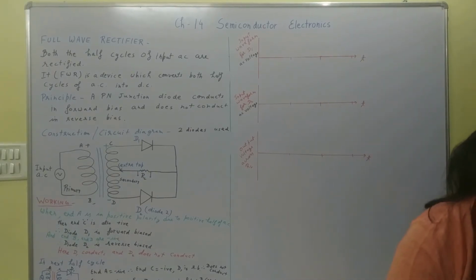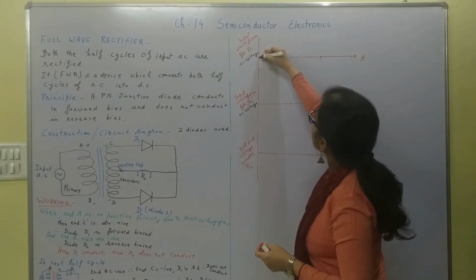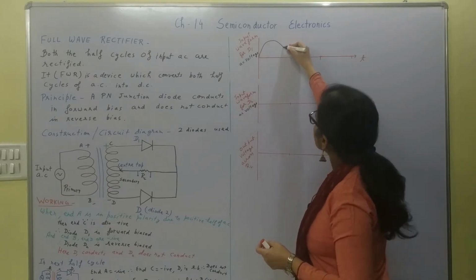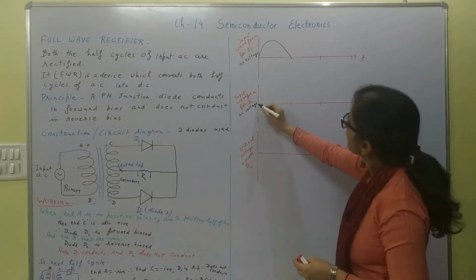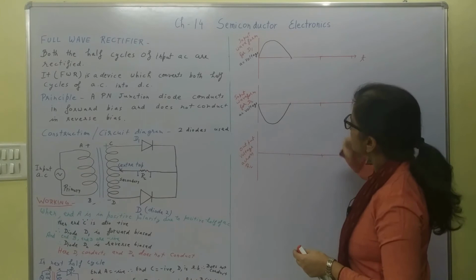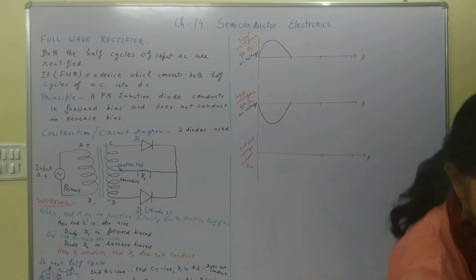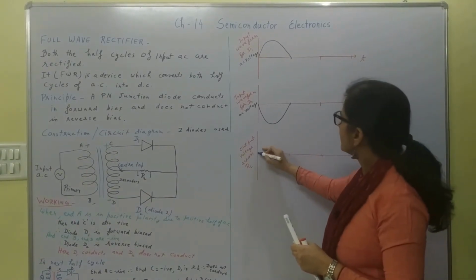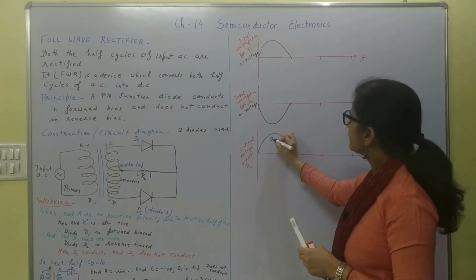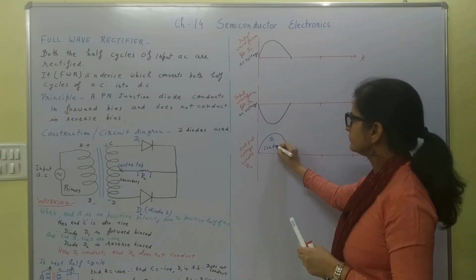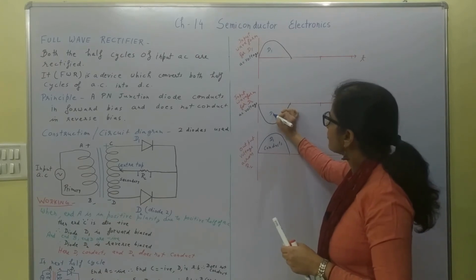We know that the input waveform is alternating current. So for D1, if D1 has positive polarity, D2 will have negative polarity. So in the output waveform, D1 will conduct as it is forward biased. This is the D1 waveform, this is the D2 waveform.